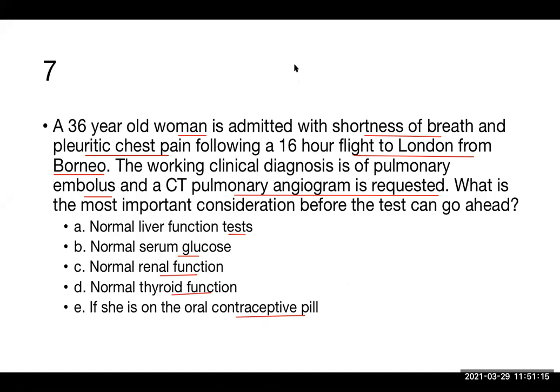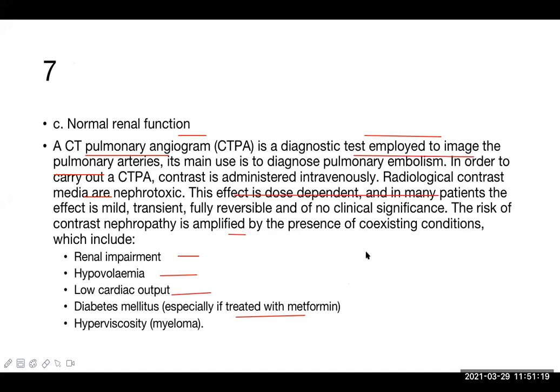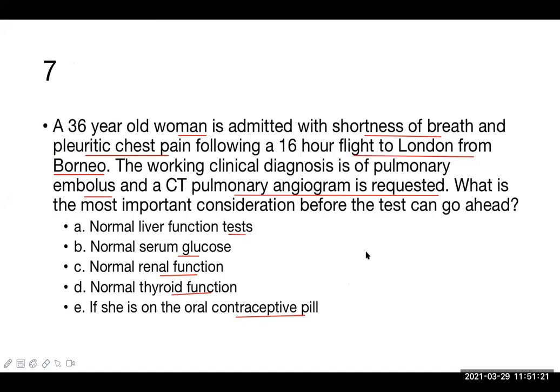If it is normal, then we can go for a CT pulmonary angiogram. If it is not normal, then we have to consider some other options. Absolutely. This is an easy question actually, but one question I would like to ask you: why is the chance of pulmonary embolus high here? What is the reason?